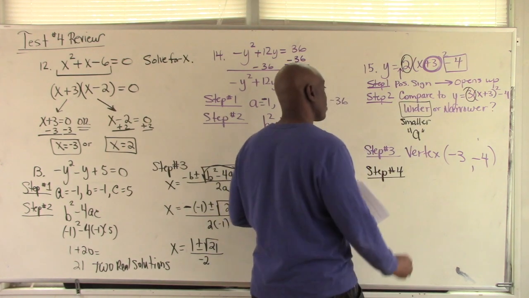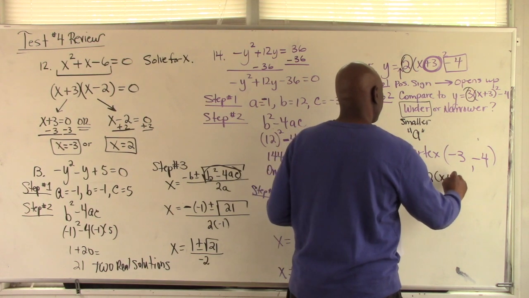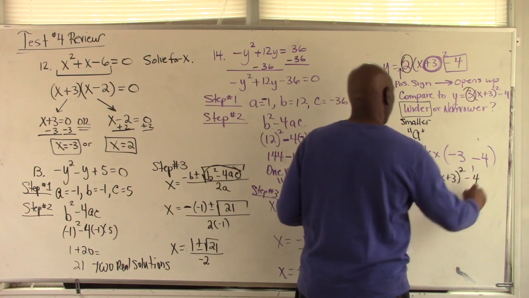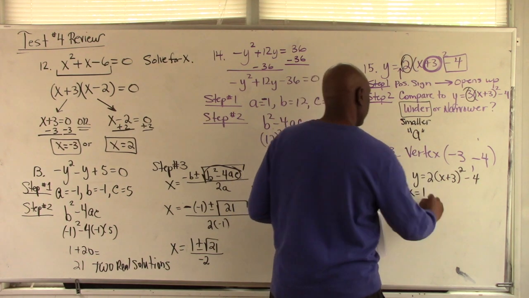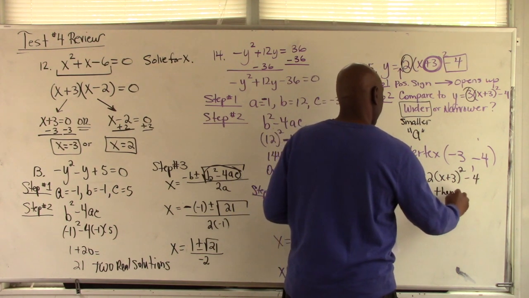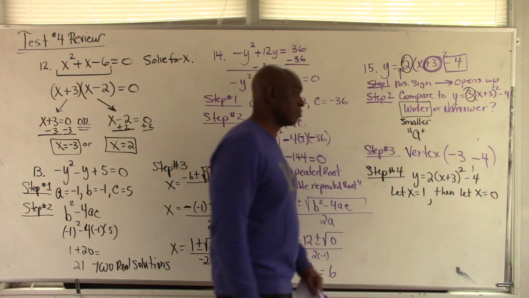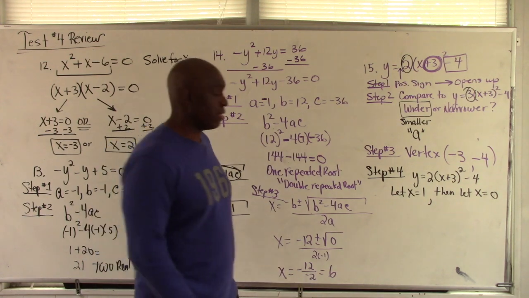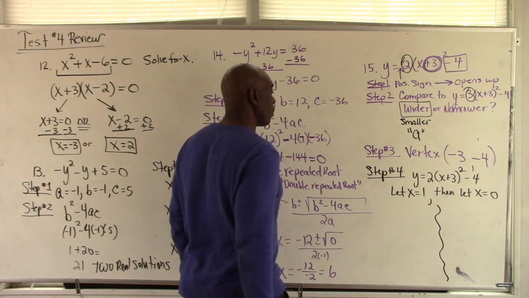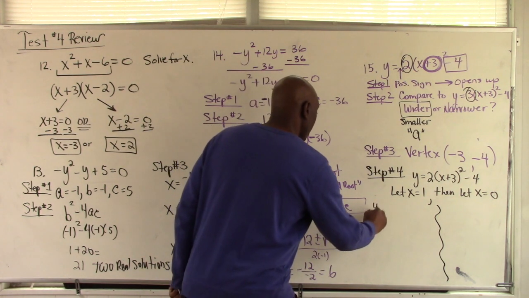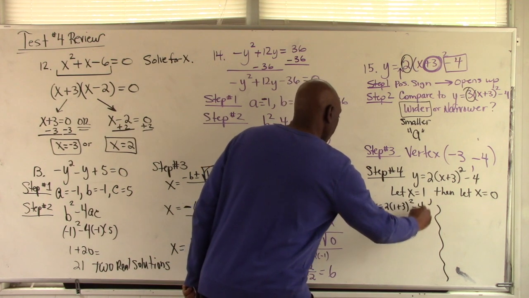Two additional points. Well, if I have y equals 2 times x plus 3 quantity squared minus 4, I'm going to let x equal 1, then let x equal 0. Plug it in. You're going to get two different values, right? When x is 1, what do I get? Well, that's going to be y equals 2 times 1 plus 3 squared minus 4.